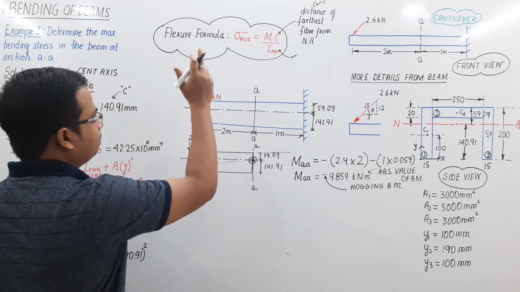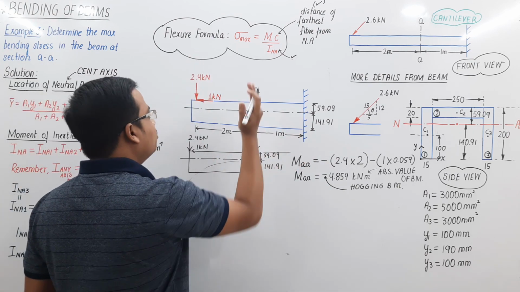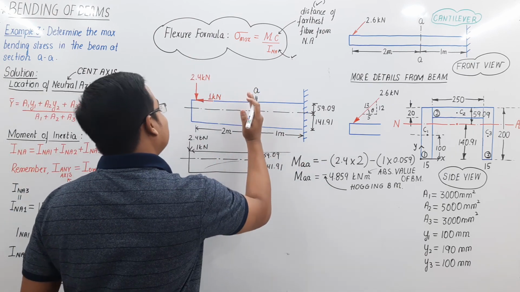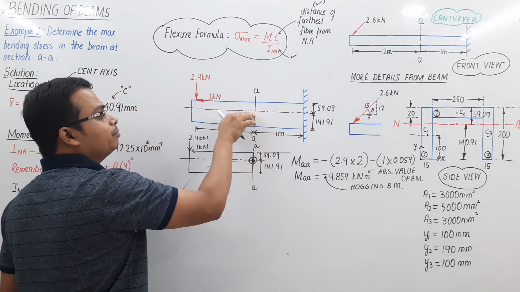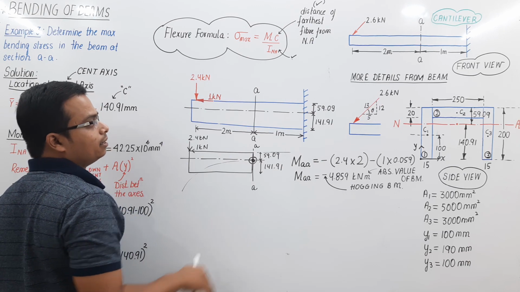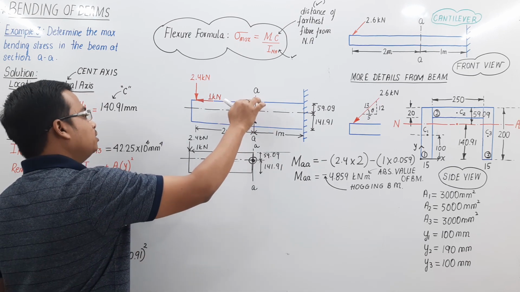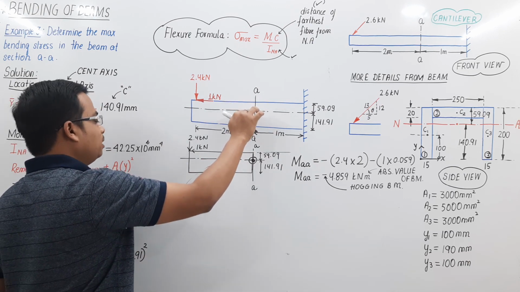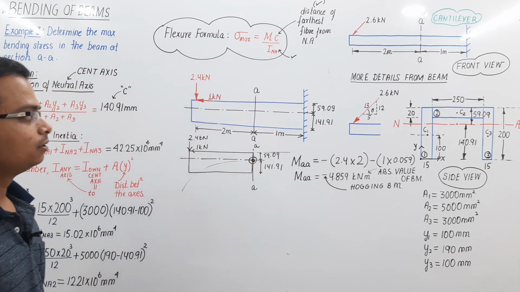The bending moment here is at this cross section, not the maximum bending moment. The bending stress is going to vary from the neutral axis. If you move upwards, it is going to increase, and if you move downwards, it is again going to increase, right? Above is the region of tension, below is the region of compression. You know that.